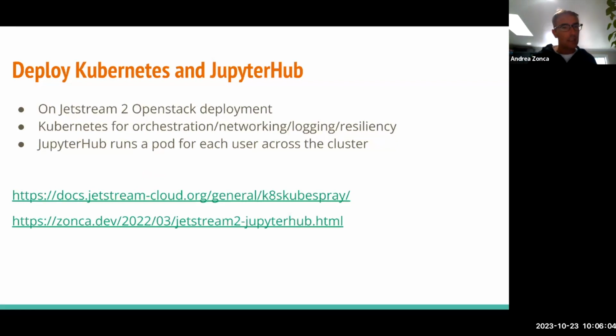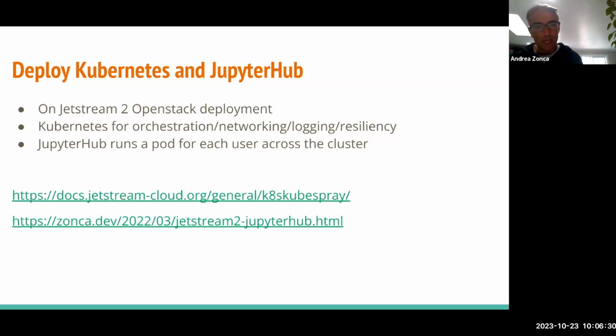Because Kubernetes gives us a very nice interface for orchestrating multiple services running distributively across our virtual machines. And so you have a single point where you can check the logs and the status of all of your services. And Kubernetes is built on top of Docker containers.